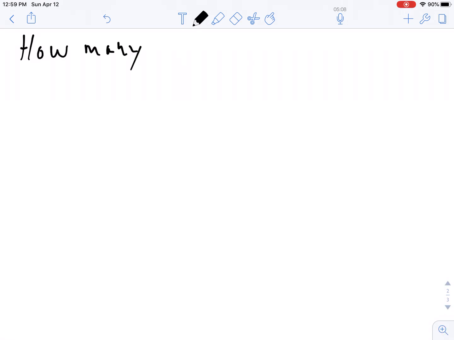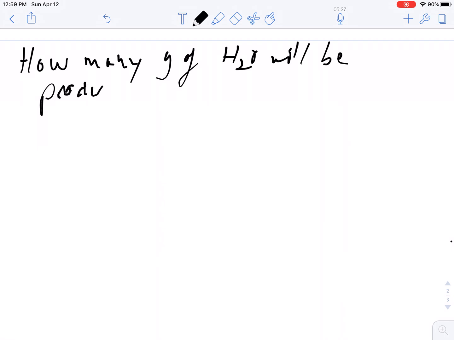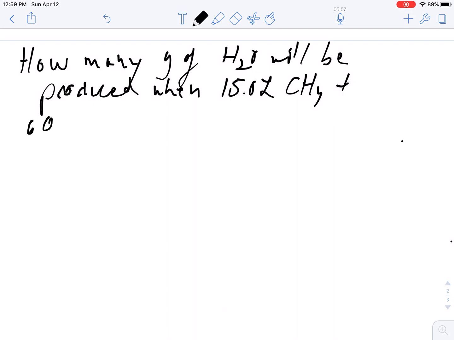How many grams of water will be produced when, let's say, 15 liters of methane gas react with 60 liters of oxygen gas.